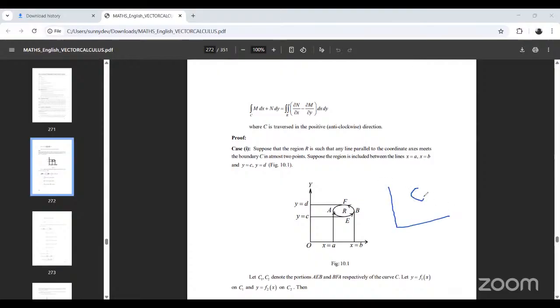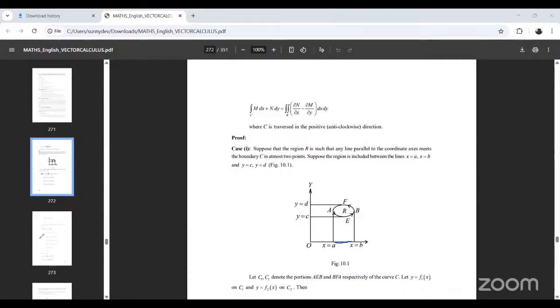It is bounded by x equal to a and x equal to b, and y equal to c and y equal to d. Here x is between a and b, and y is between c and d.